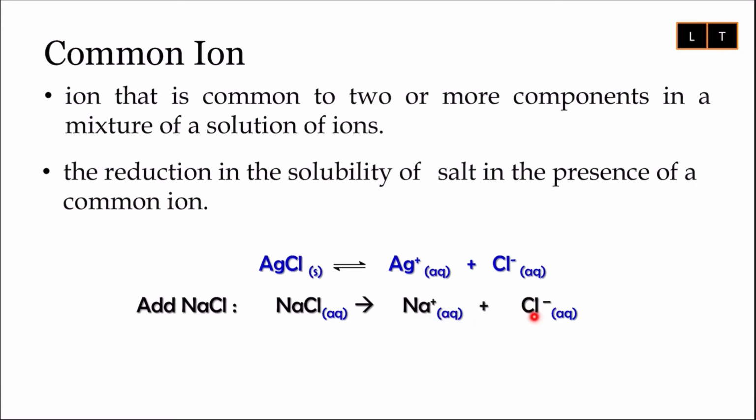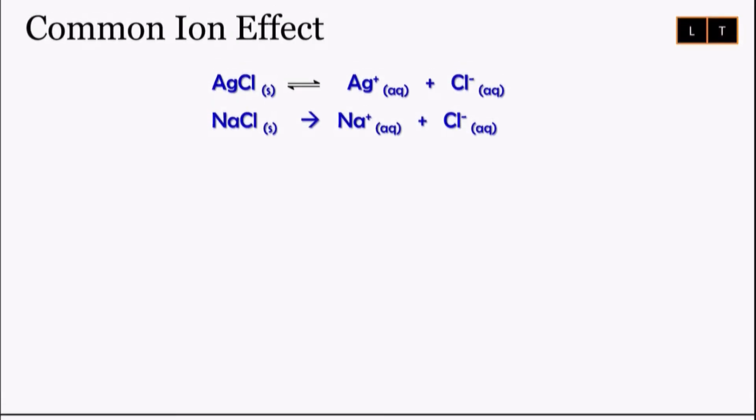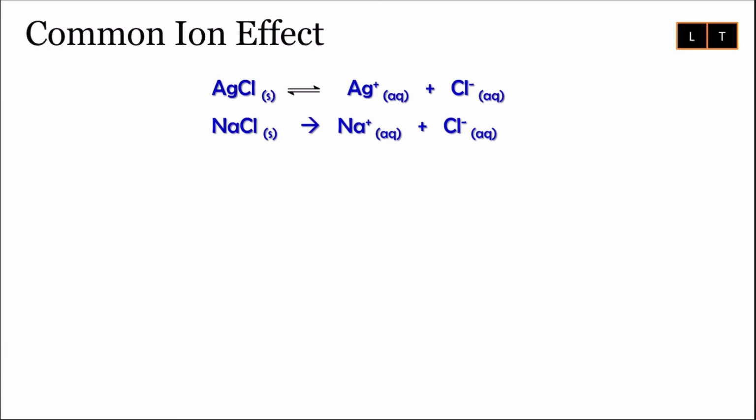Phase jangan lupa. Di sini awak boleh nampak Cl- is the common ion between these two equations. This is because dia ada species yang sama. So daripada equation ini kita akan continue di mana kita nak explain common ion effect.